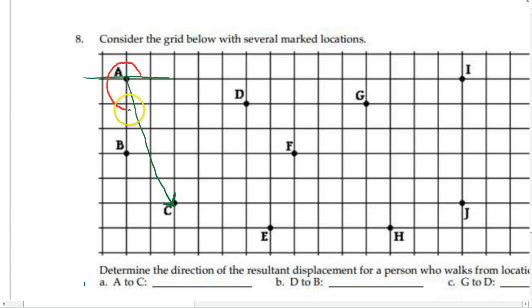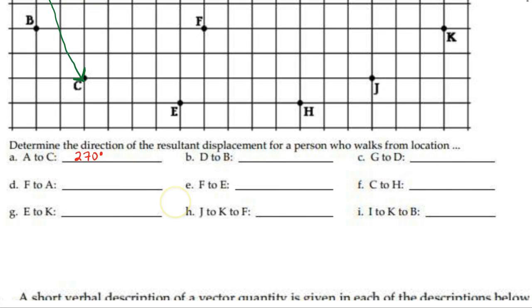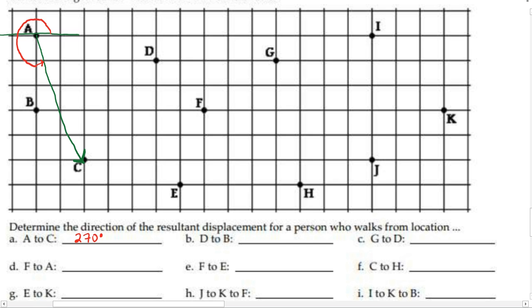So I could get my protractor out and measure that last part and then add it to 270. Just a guess, I would say maybe about 270 degrees. Something like that. Let's take a look at the last one there. It says, determine the direction of the resultant displacement for a person who walks from I to K to B. Okay, so they're starting at I.